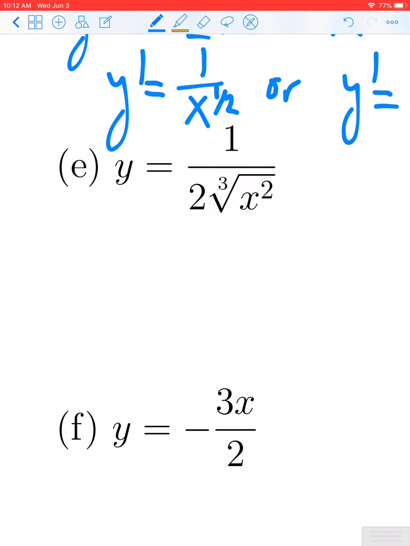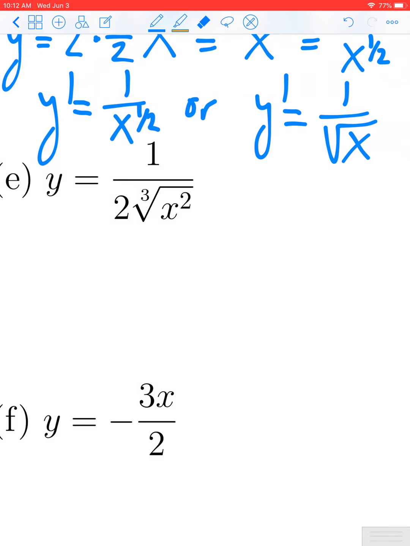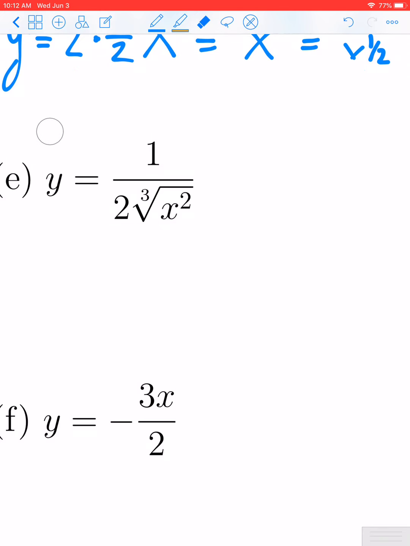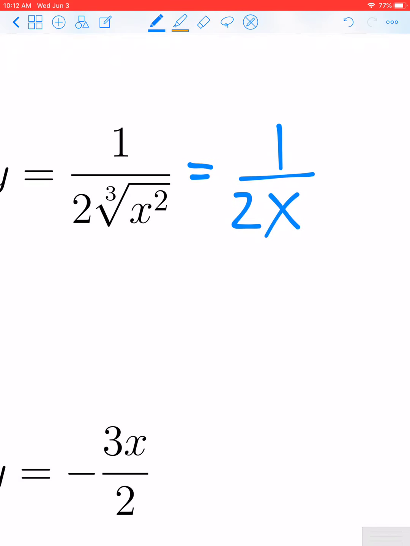Let's take a look at the next one. Again, rewriting is going to be a huge part of this. Ultimately, we want to rewrite it so that we end up with a constant times x to a power. Here, the first thing we can do is we can kind of split it apart. Actually, let's do it like this. Let's first revert back to fractional exponents.